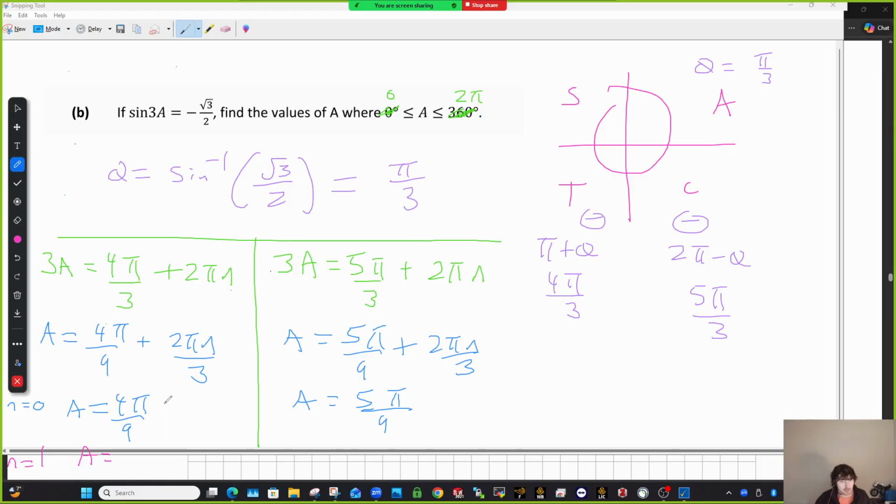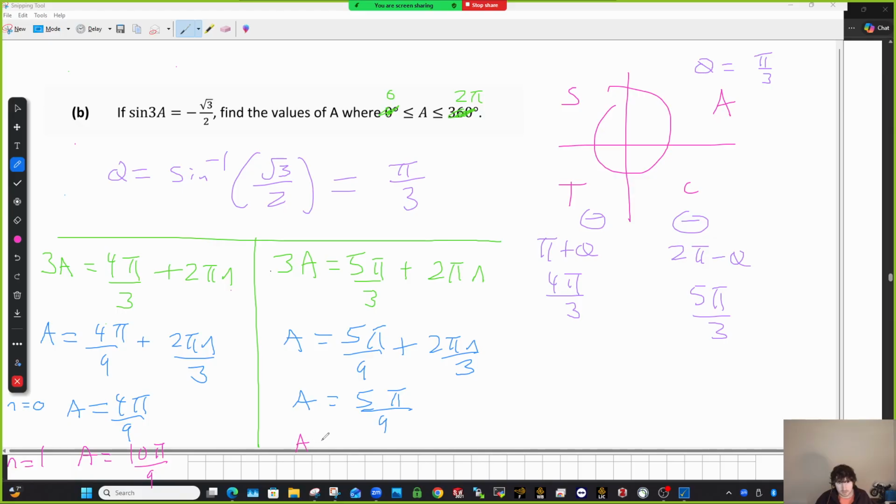I might use a calculator here to get these correct. I want to write something silly down: 4 pi plus 2 pi over 3. So I'm getting 10 pi over 9 there.